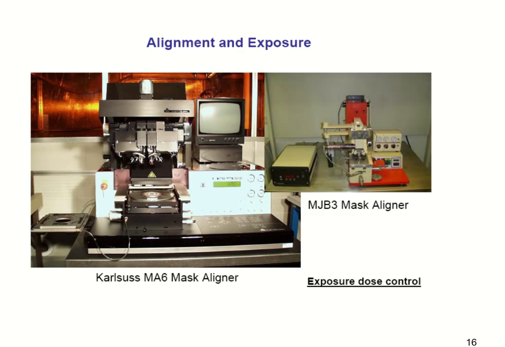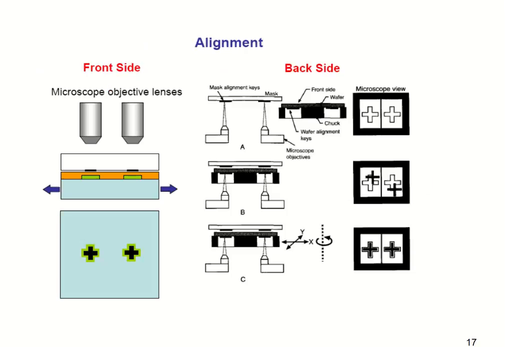Once the alignment is done, you expose with the UV light through the lamp. You set a certain exposure time and intensity, then just expose, and that's it. So that's the alignment step.